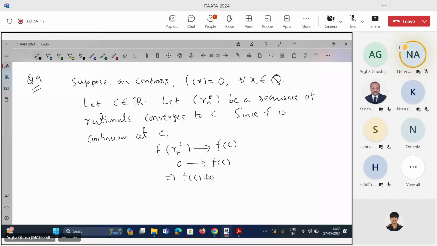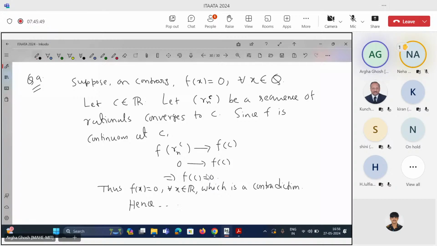Thus f of x equals 0 for all x belonging to R, which is a contradiction. Hence there exists a rational number at which f of x is not 0.